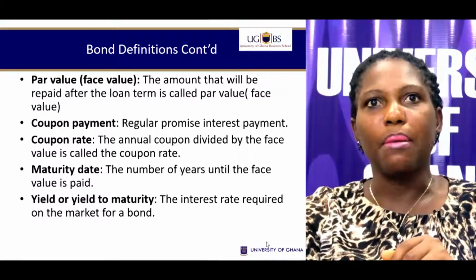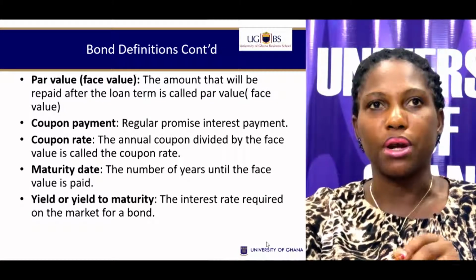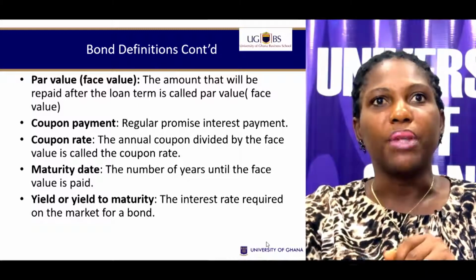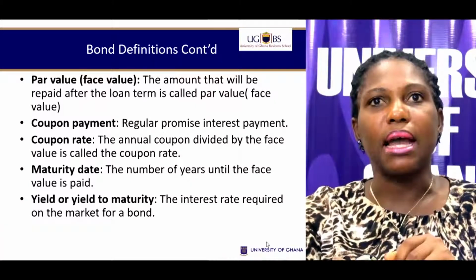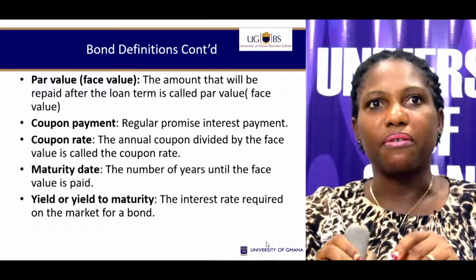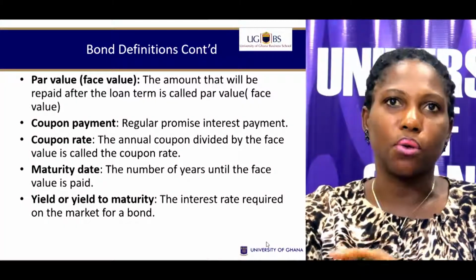Now, the coupon payments are the regular promised interest payments that will be made periodically, either at intervals of 6 months or annually. And the coupon rate is the annual coupon amount divided by the face value, and that's what normally determines how much you're getting in coupon payments.